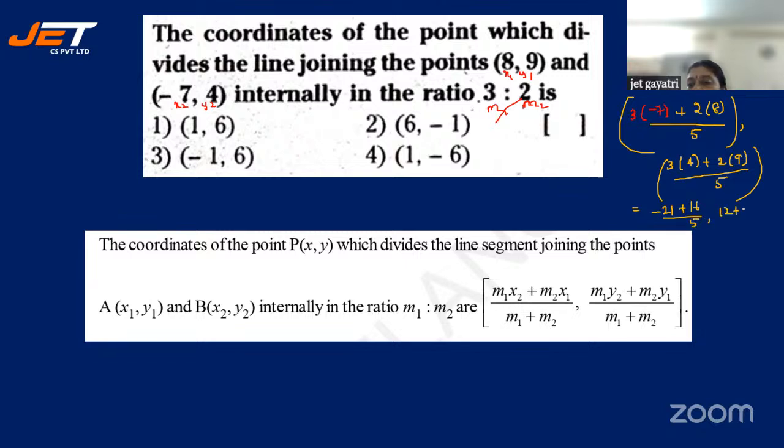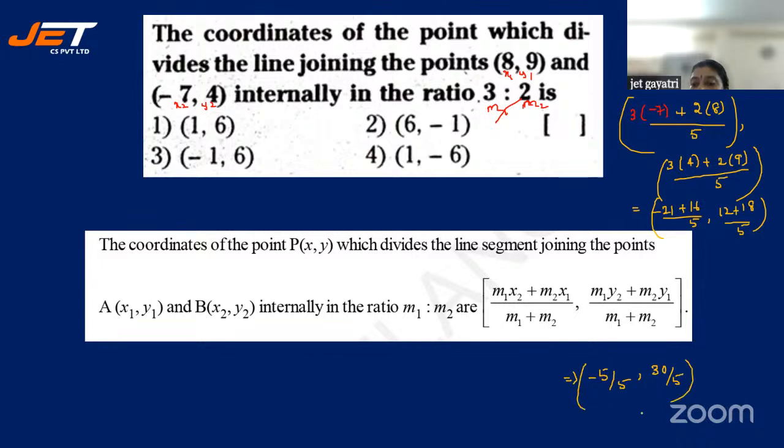12 plus 9 twos are 18 by 5. Right, so which would be 21 minus 21 plus 6, which is 5, minus 5, minus 5 by 5, 12 plus 18, which is 30 by 5.